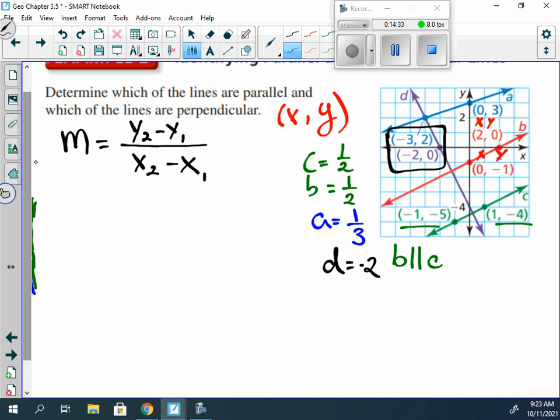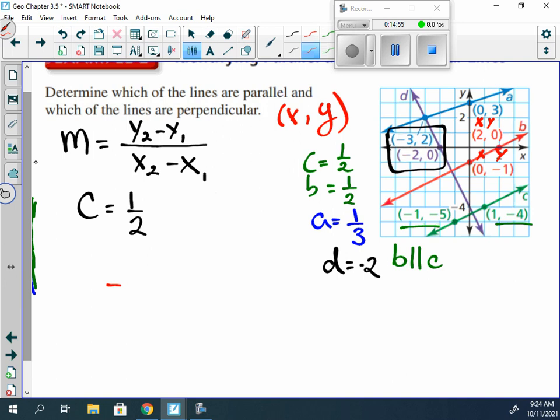So if we were looking at line C, C's slope is 1/2. Well, the opposite, because 1/2 is positive, we have a positive slope, yes? So the opposite of positive 1/2 would be negative, and the reciprocal, or we flip it.